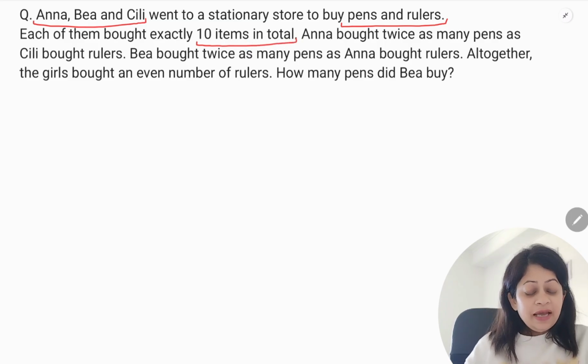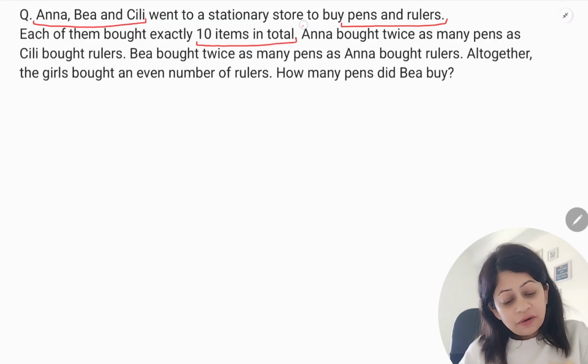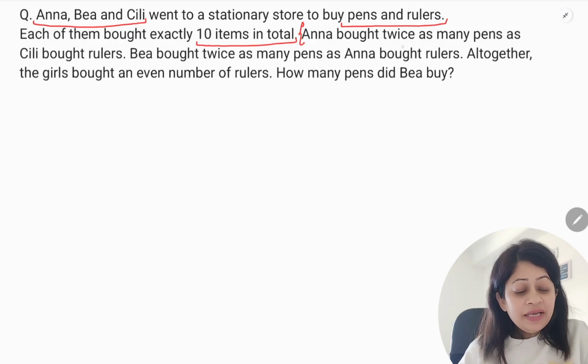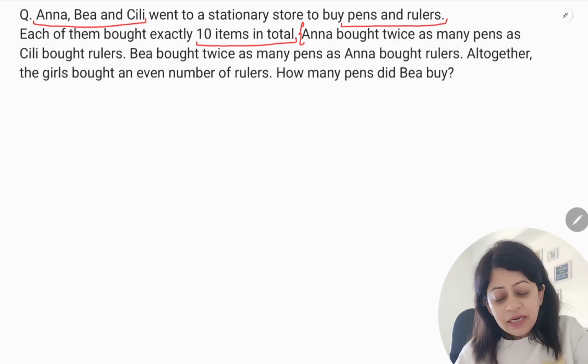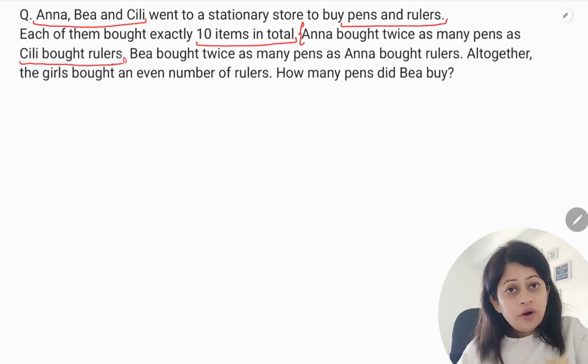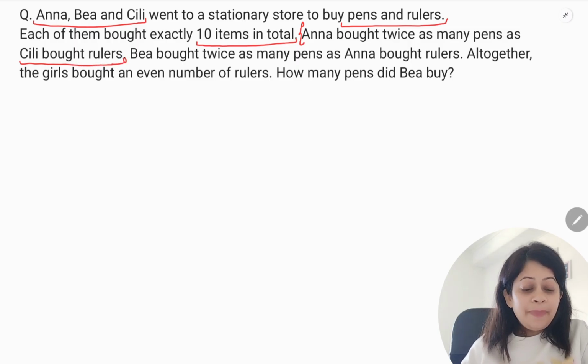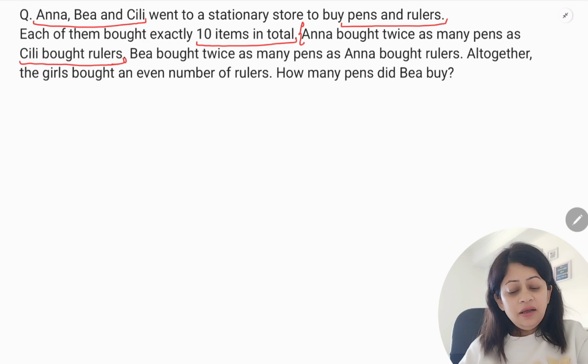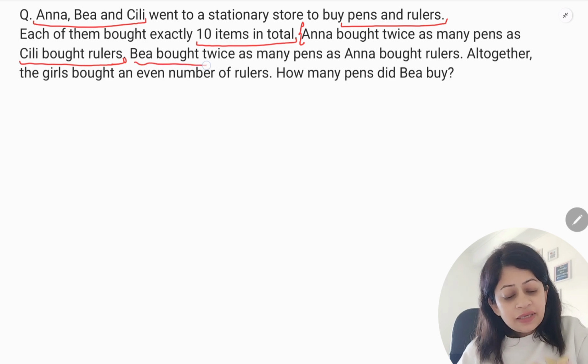Now we need to understand this stuff. Anna bought twice as many pens as Silly bought rulers. So if we know how many rulers Silly bought, we can find out the pens of Anna, right? Then Bia bought twice as many pens as Anna bought rulers.